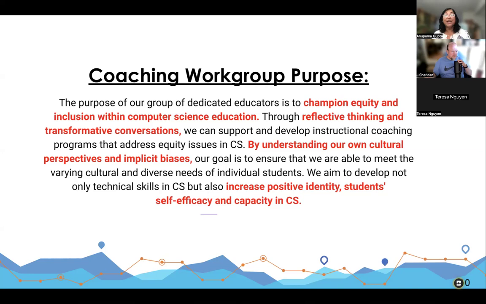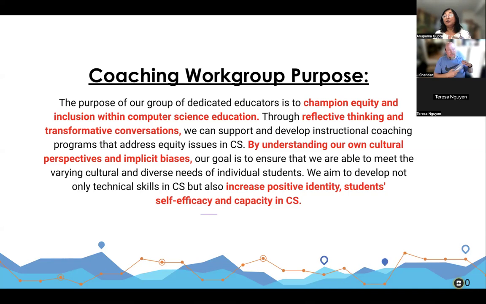The next part is: by understanding our own cultural perspectives and implicit biases, our goal is to ensure that we are able to meet the varying cultural and diverse needs of individual students. We aim to develop not only technical skills in CS, but also increase positive identity, students' self-efficacy, and capacity in CS. I think that's the most important statement.